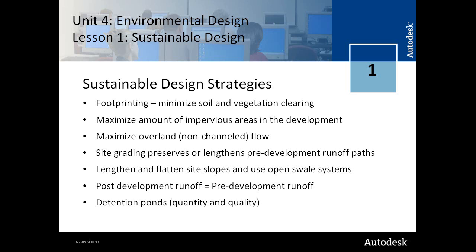You want to try to lengthen and flatten your site slopes and use open swale systems. And post-development runoff typically should equal your pre-development runoff. And finally, detention ponds for stormwater, for not only the quantity of water but also the quality of water.